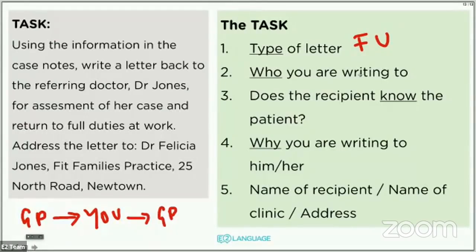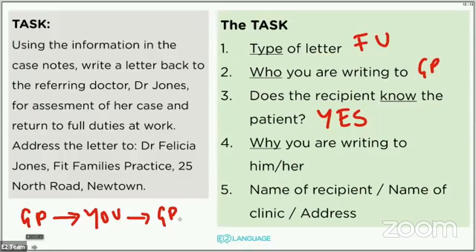Who are you writing to? Well, it just says Dr. Jones, Fit Family Practice. We can assume that this is a GP. Does the recipient know the patient? Yes, definitely, because we're writing a letter back to the referring doctor. So again, the doctor has met with the patient, sent you a letter saying, can you please examine this patient?